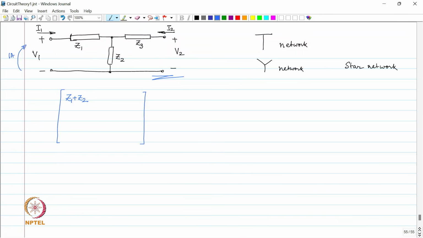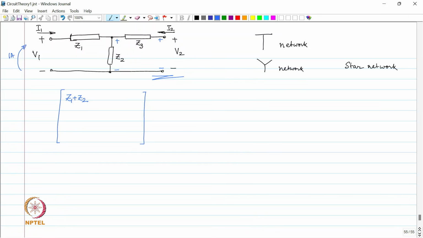Then we also have to measure V2 in the same experiment. What is V2 going to be? I have pushed 1 ampere into port 1, port 2 is open circuit. What is V2? It is going to be the same voltage as this. These two voltages will be the same, because there is no current in Z3.